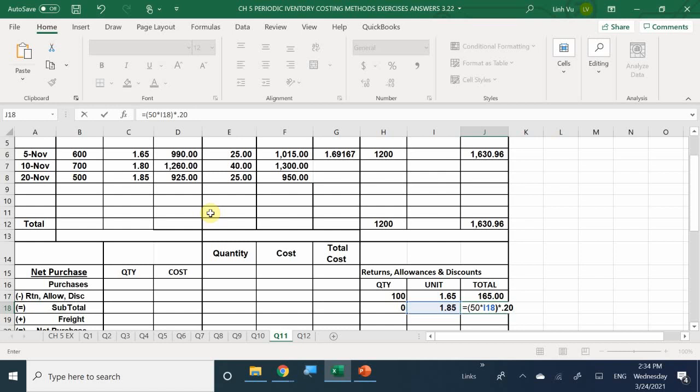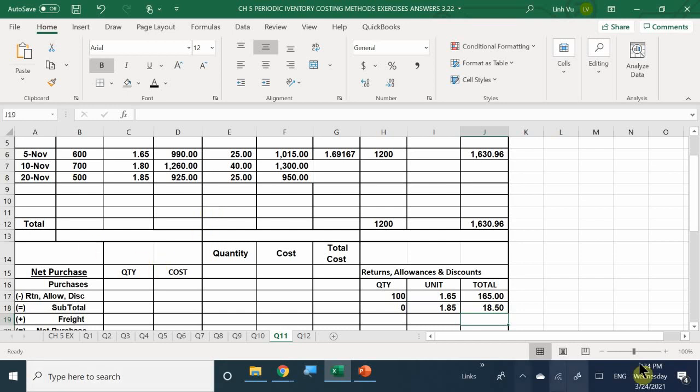All right, so there we go. 50 times $1.85, which is cell number I-18, multiplied by 0.2 gives us a total refund of $18.50. Okay, once again, we don't really care because at the end of the day, it doesn't matter to us. It won't affect us at all.